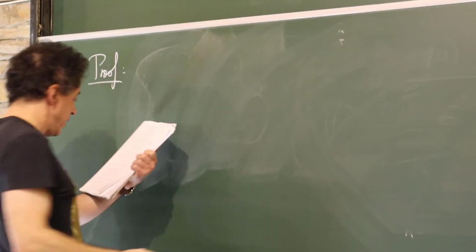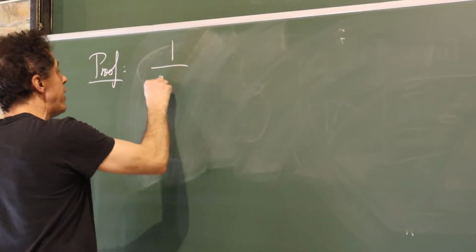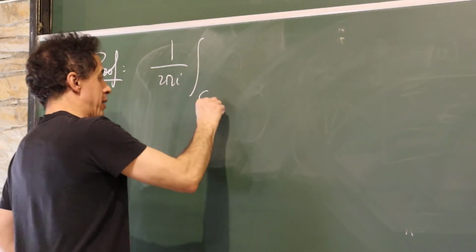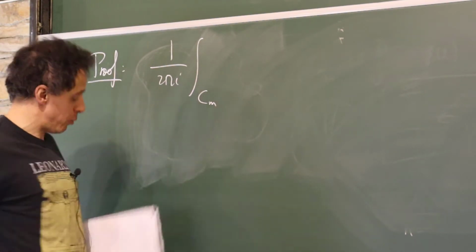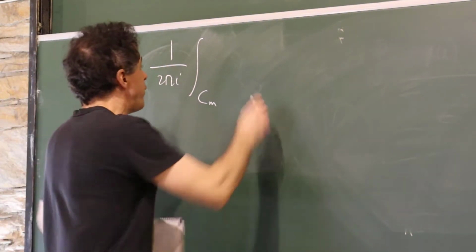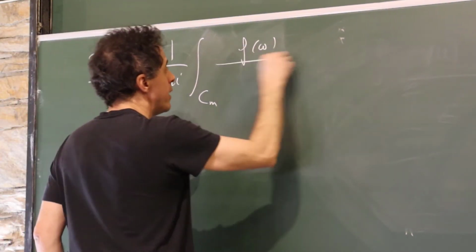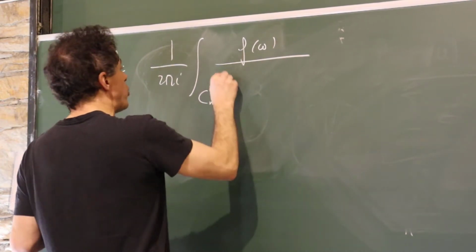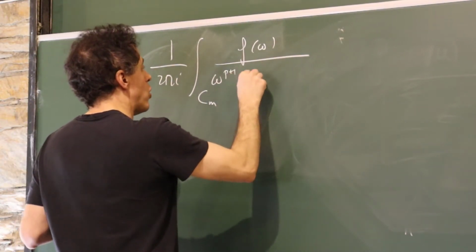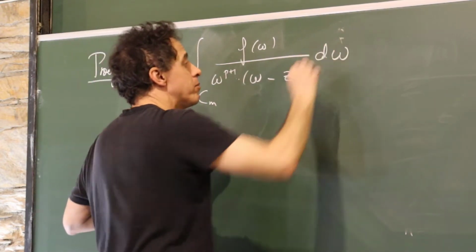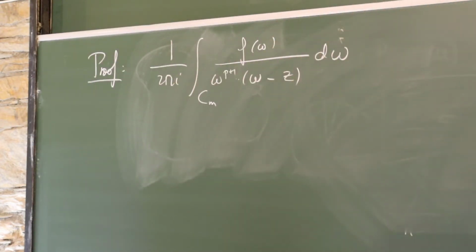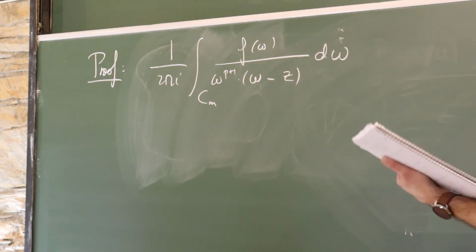You need to consider the following integral: 1 over 2 pi i times the integral along these curves Cm, I put here Cm instead of n, of the function f of omega divided by omega to the p plus 1 times omega minus z, d omega. And this integral, you can compute using the residue theorem.